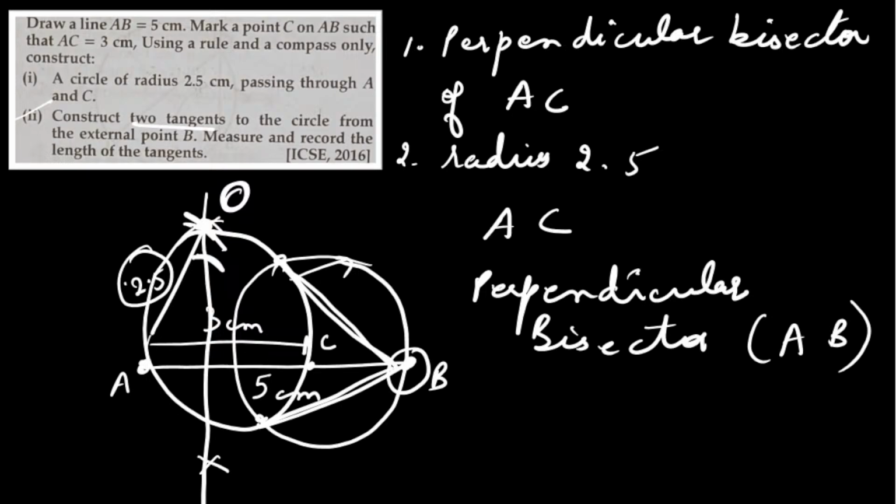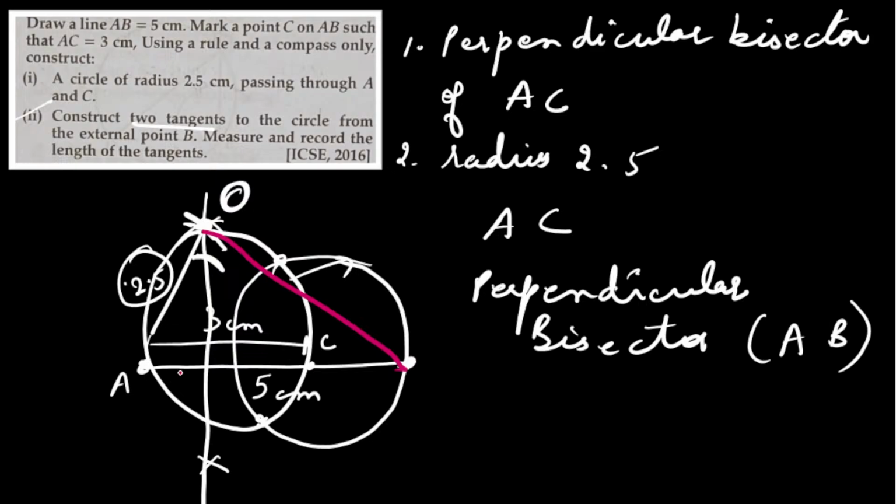First of all, we'll join point O with point B. See here, this is the rough sketch which I have drawn. So here we got point O, and here this is point B.